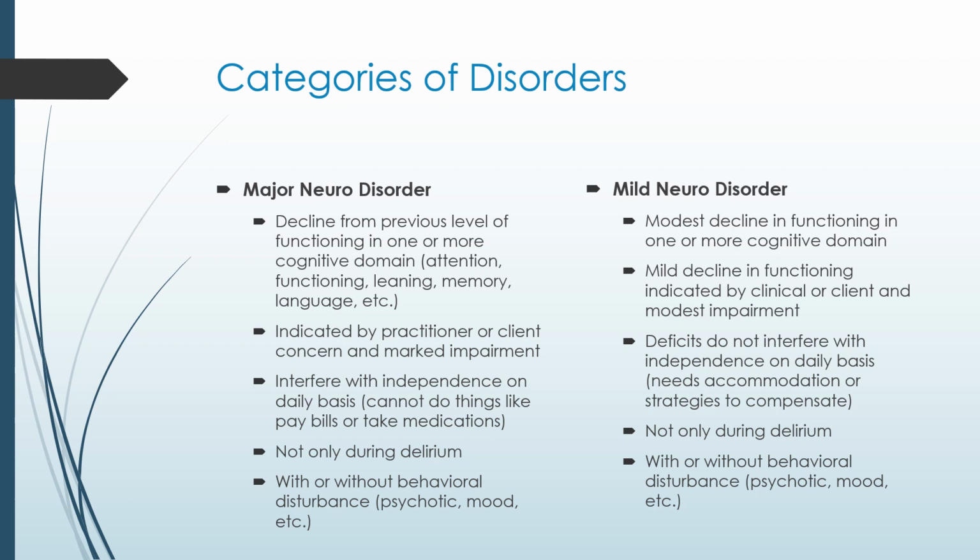You can still do most things independently. A major neurological disorder, you are not able to function independently in day-to-day tasks. And with mild disorder, this is not only during periods of that delirium, it's all the time. And this can be with or without those behavioral disturbances as well.